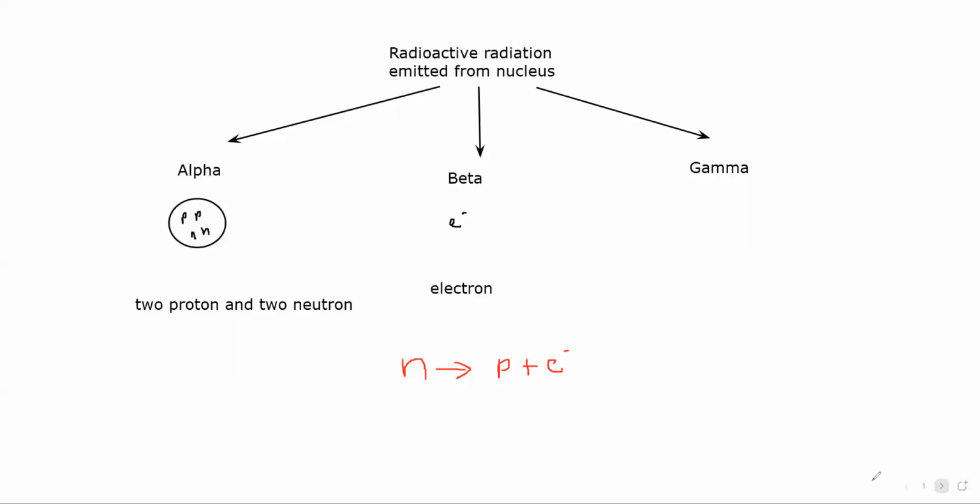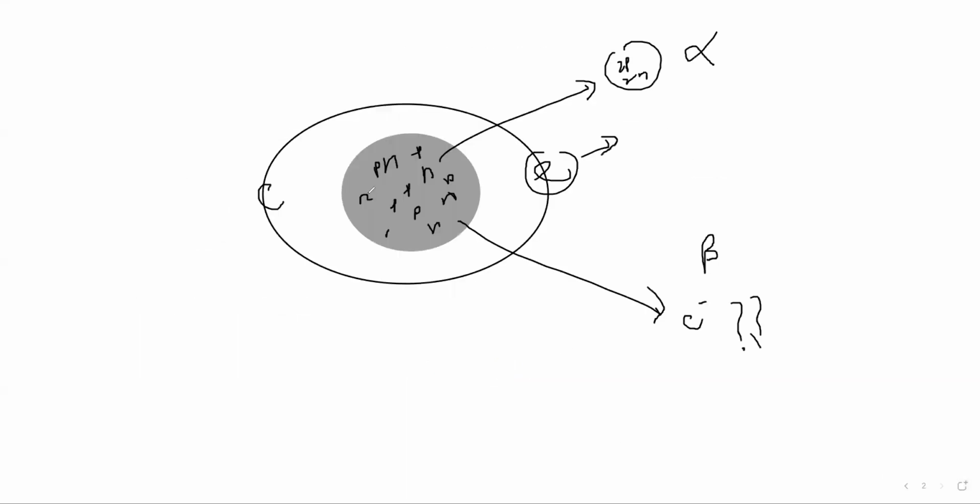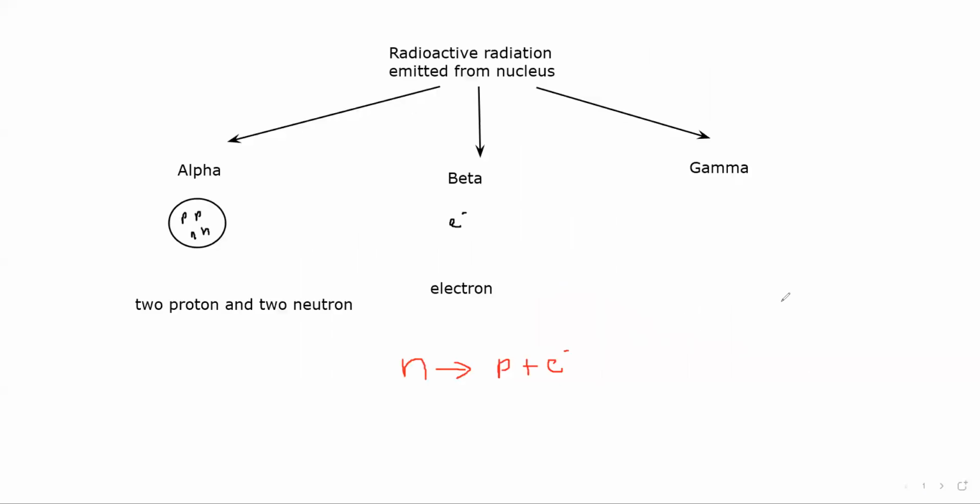So one of the neutrons here, for example, breaks into a proton and an electron, and that electron is coming out. How does this neutron break? Because the particles are continuously colliding with each other due to the lack of space inside the nucleus.